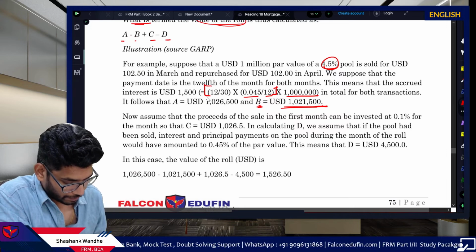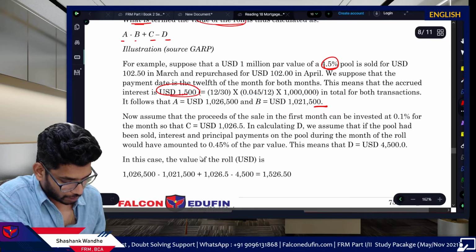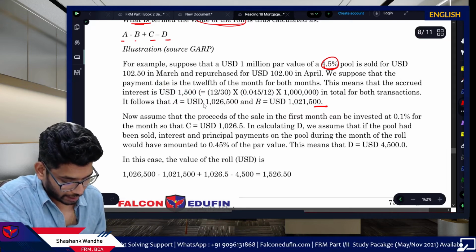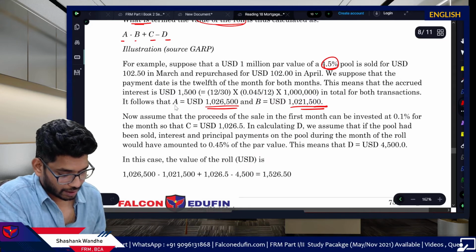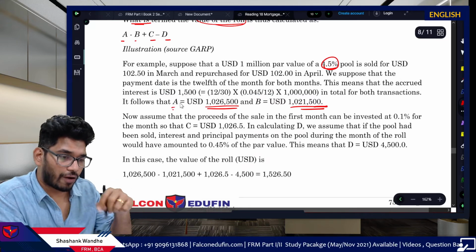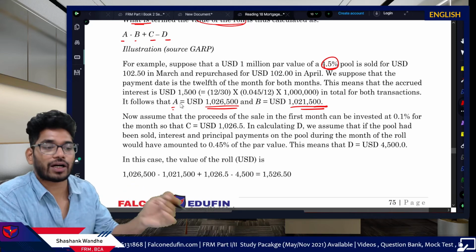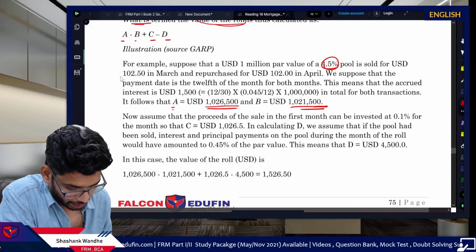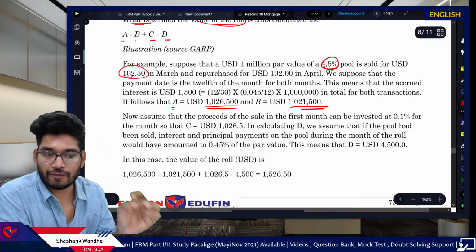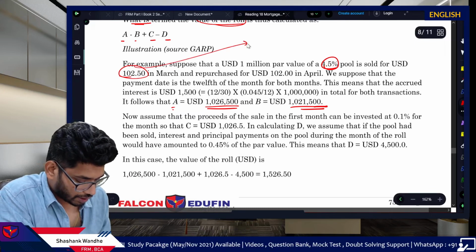Now I hope you got this part, like how this accrued interest is calculated. Now let's see how the other parts are calculated. That is A, the total sale value of this particular TBA, and B, the total purchase value of the TBA. So what you have to do is, see here, this is 102.5 of notional value. So how to proceed with the calculation?